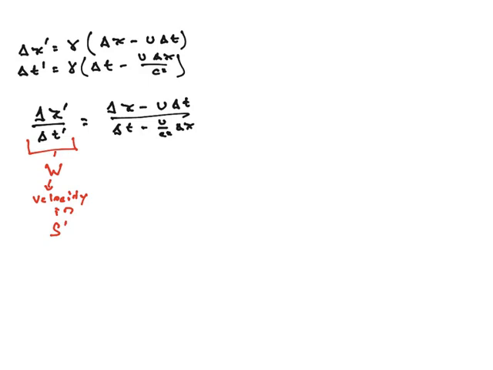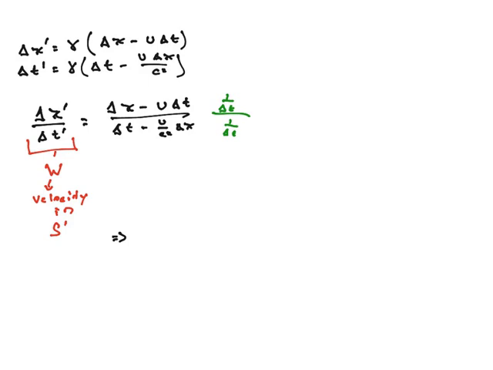Now what do I do on the right? On the right, let me go ahead and do the kind of classic trick you always see with math, and that is divide the top and bottom by something that helps me out, and in this case, I'll divide by 1 over delta t, top and bottom. And so when I do that, what happens?